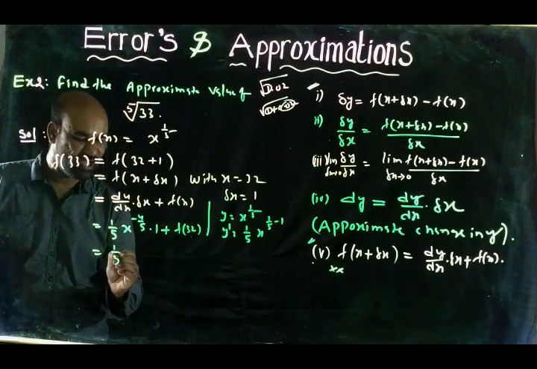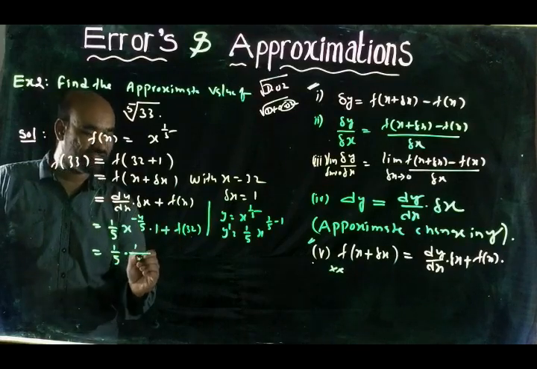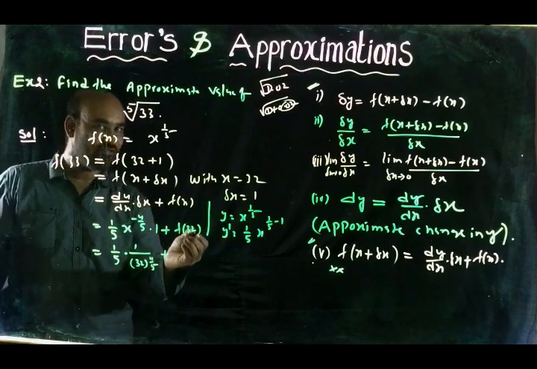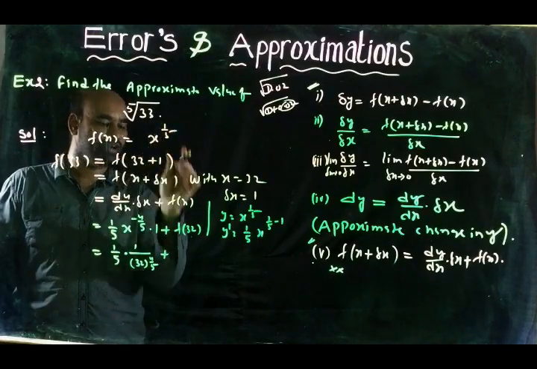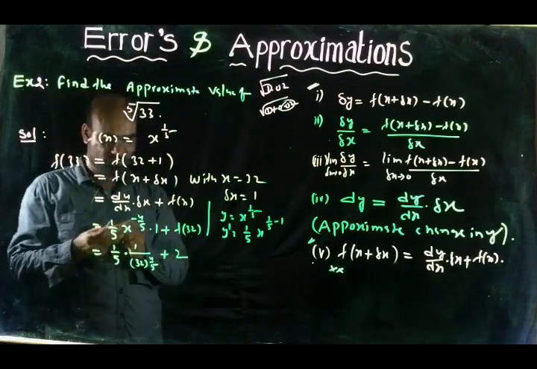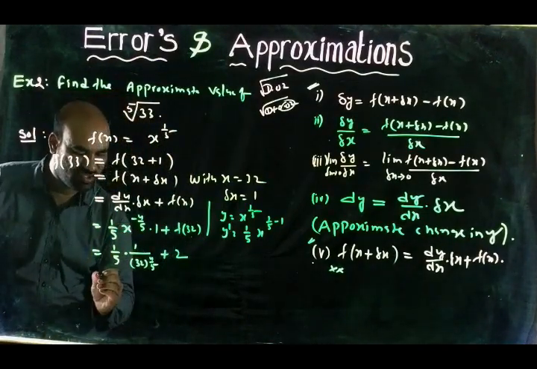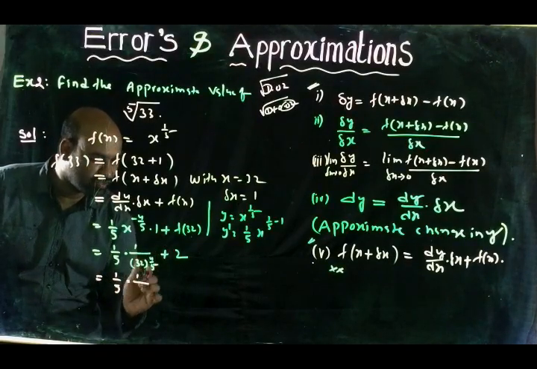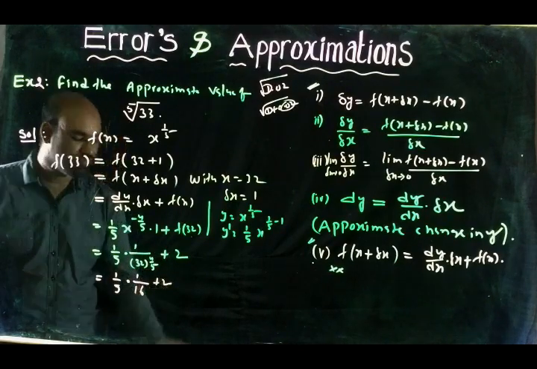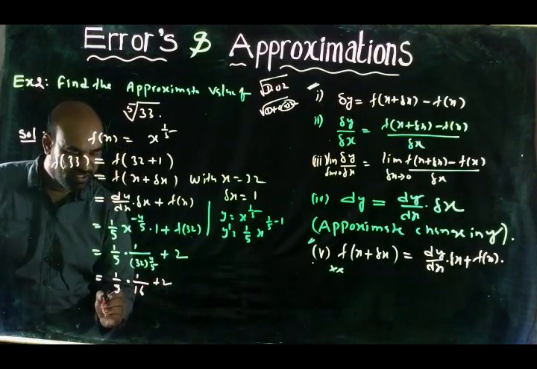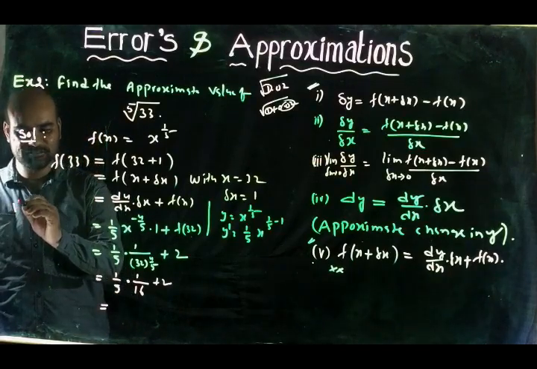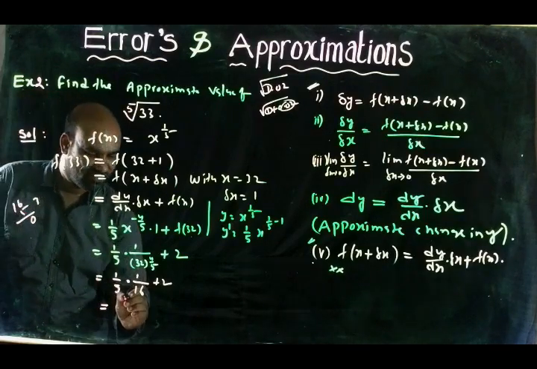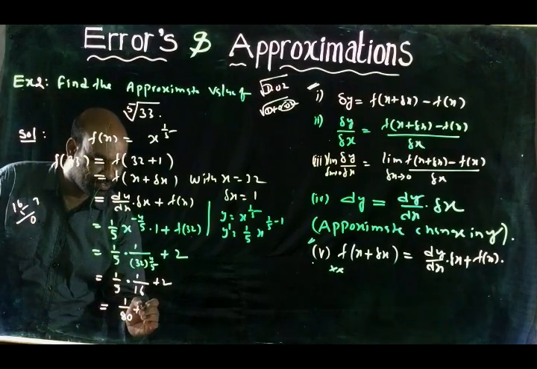This is 1 by 5 into 1 by 32 power 4 by 5, plus f of 32, which is 32 power 1 by 5, 2 only. So this is 1 by 5 into 1 by 2 power 4, that is 16, plus 2. So we need to multiply this. 16 5s are 80, 1 by 80 plus 2.